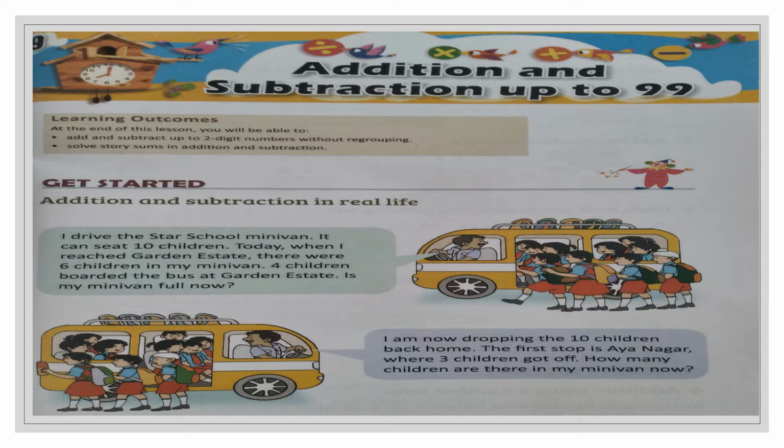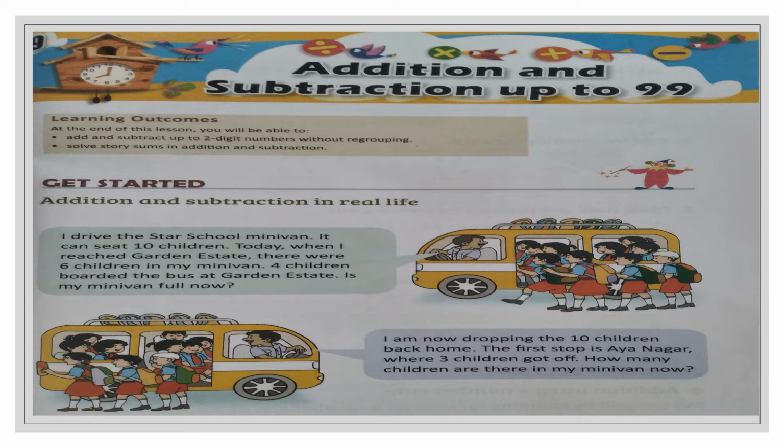Here, a driver is asking us a question: its minivan can occupy 10 children. So, when he had reached a stop, there were 6 children already sitting in it. And then he picked up 4 more children and they boarded the bus.